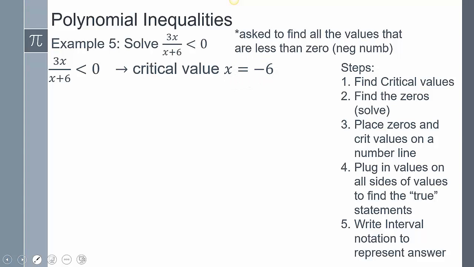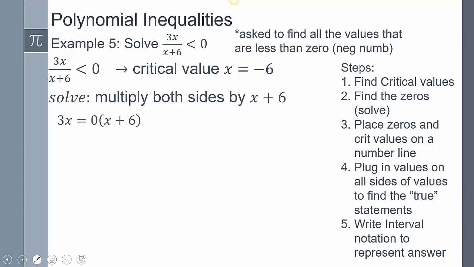So that's going to be my critical value. Now from there, I can find my 0. If I multiply both sides by x plus 6, I'm going to get 3x equals 0 times x plus 6, which is just 3x equals 0. Divide both sides by 3, you just get x equals 0.